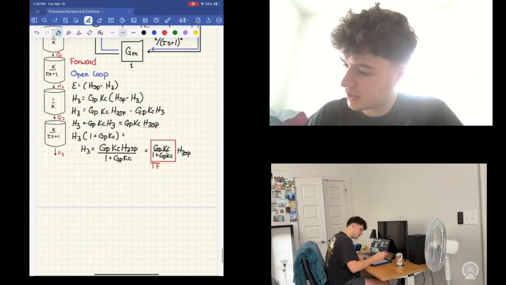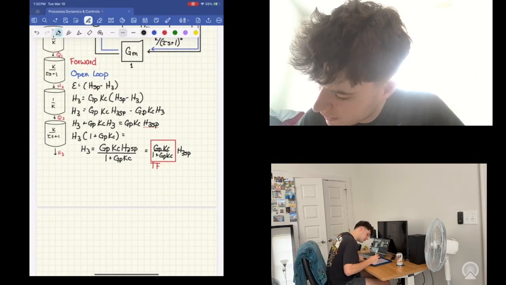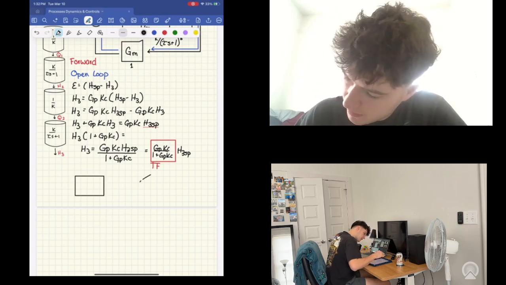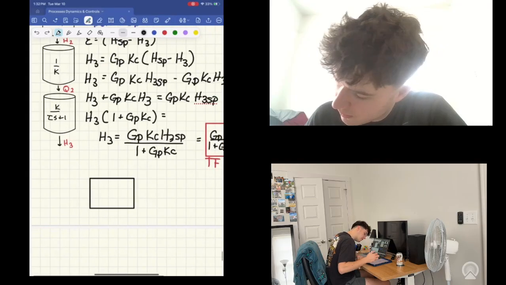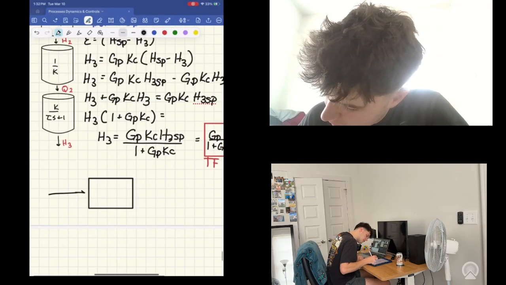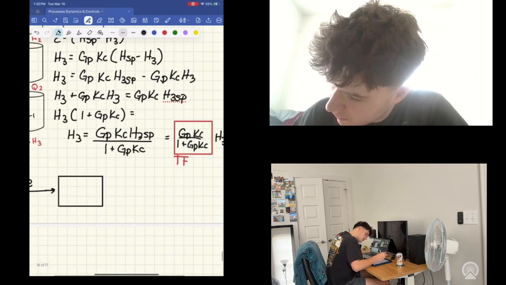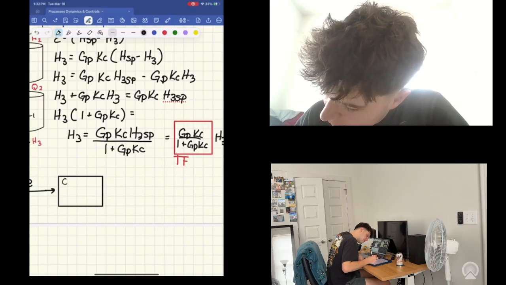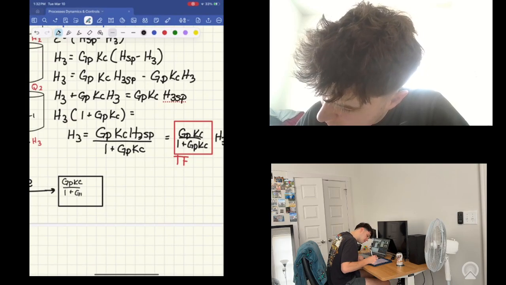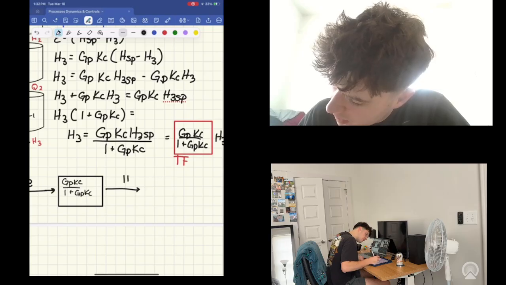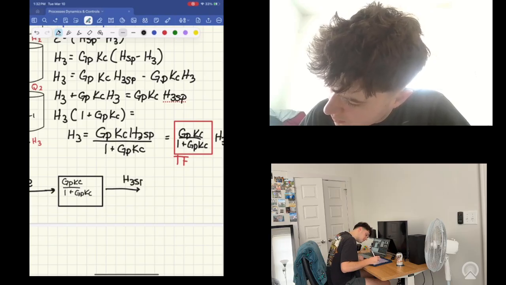So what we're going to do is draw another function in which we have H3 going in, this transfer value inside, GPKC divided by 1 plus GPKC, and then our flow out, which is H3SP.